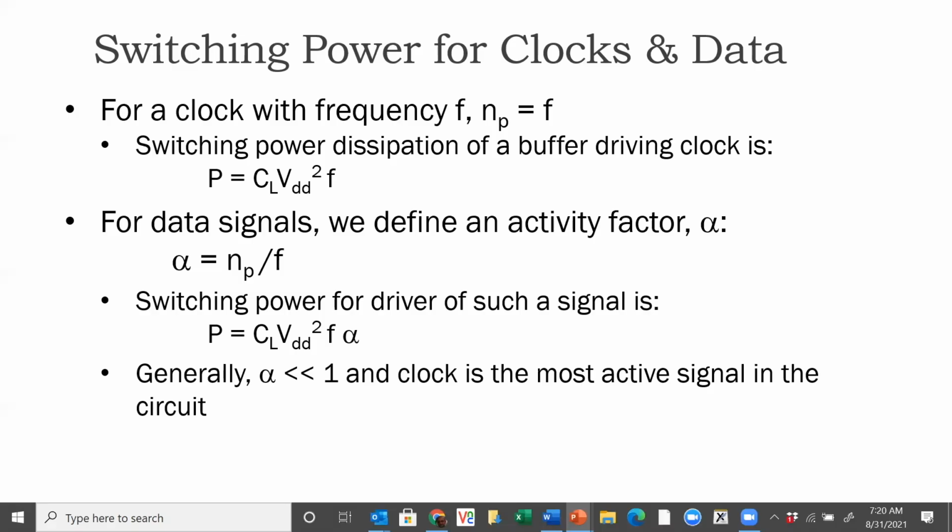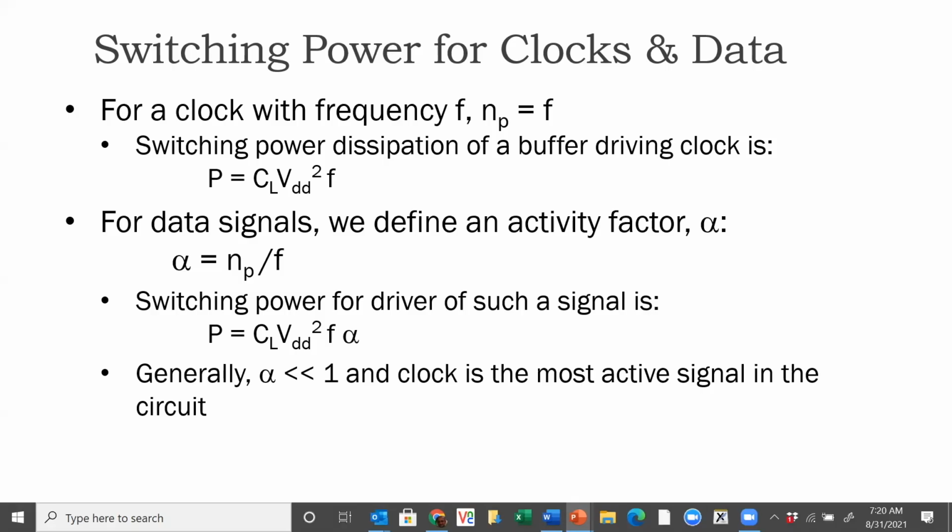So in these four factors, we see load cap, power supply voltage, clock frequency, and alpha. Let's say that the clock frequency is a given, and that's not something we can reduce because it is one of the requirements for the chip. So the clock frequency may be fixed.